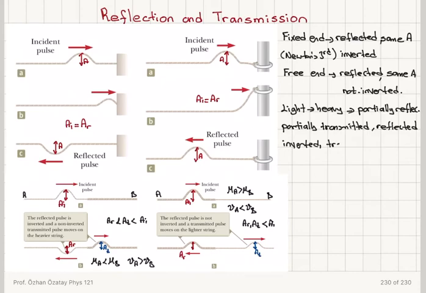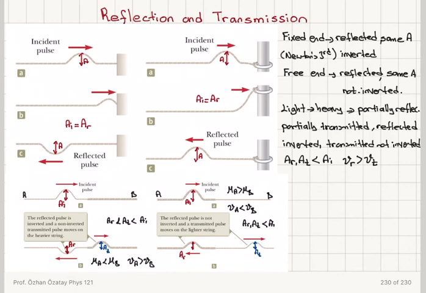Transmitted portion, not inverted. And the amplitudes of the reflected and transmitted pulses are less than the incident amplitude. And if a pulse is traveling from a light to a heavy string, the propagation speed for the reflected pulse will be greater than the propagation speed of the transmitted pulse.